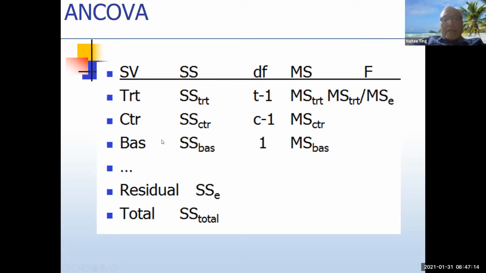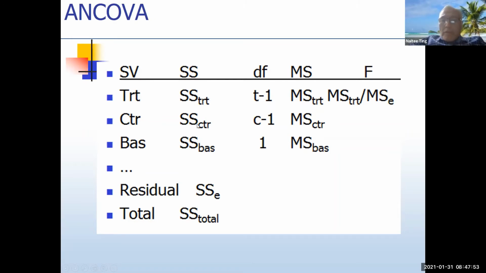If you keep adding covariate terms into the model, they just take away some sum of squares, which makes your sum of squares error smaller because other terms are trying to explain away the total sum of squares. The model explains this amount of sum of squares, and the rest is the sum of squares for error. I call it residual because that's the leftover, everything else you can't explain with the covariates.